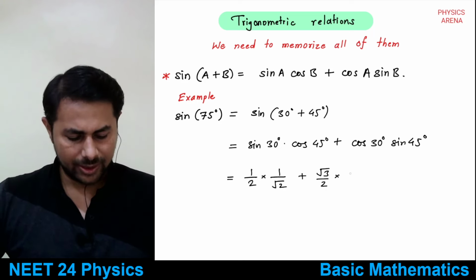Now let's take cos of pi by 2 minus theta. The difference between plus and minus is just that this sign becomes positive here. So what do you have? Cos of pi by 2 cos of theta plus sine pi by 2 sine theta. So sine pi by 2 is 1, cos pi by 2 is 0. This term becomes 0. Therefore you have only sine theta here.